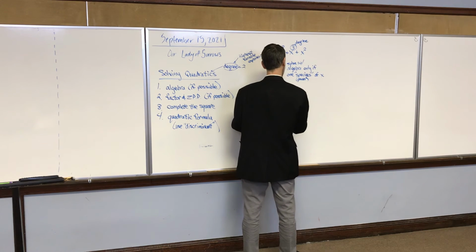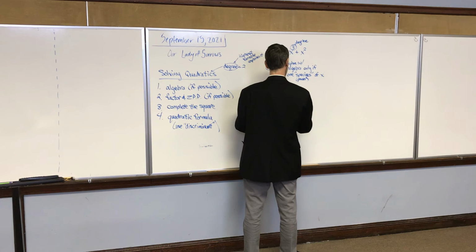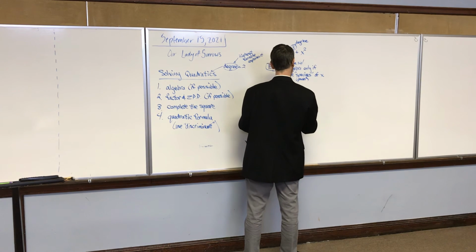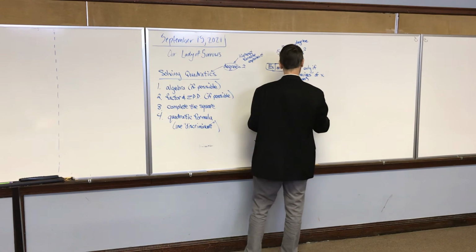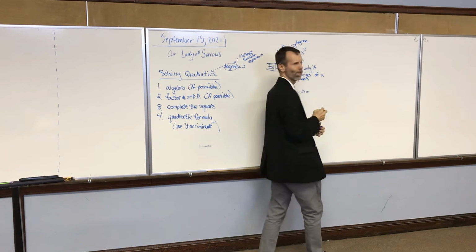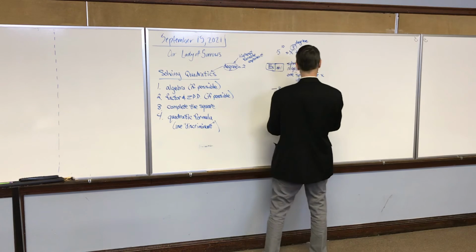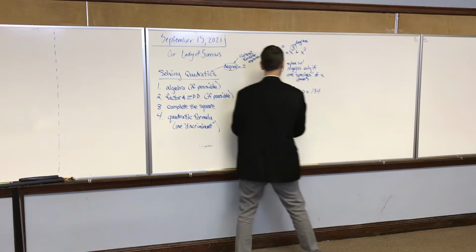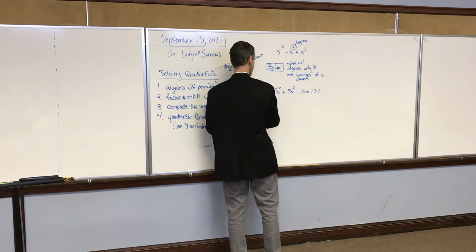7x squared plus 5x squared minus 10 is equal to, yeah, why not? 134. Solve.